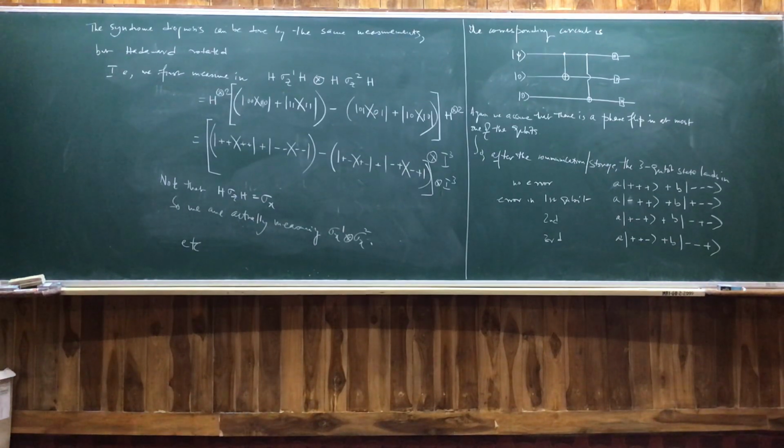POVM can be created even without just considering projection operations. We can consider an altogether complicated set of operations. Yeah. So it has to be a positive operator. Yeah. One has to add up to unity. Yeah. So how do we actually implement it? Yeah, this we don't know. This is not known.